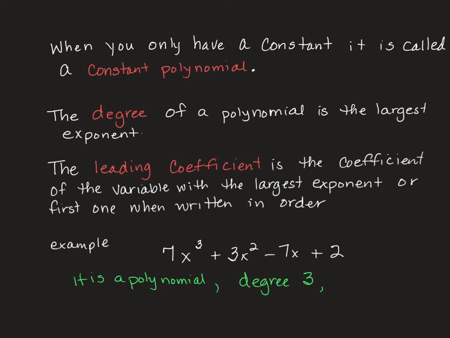And then my leading coefficient goes with that one. Since they're in order, we go to the first one. My leading coefficient would be 7. Those are the terms that we used above, so please make sure that you copy these down so you know where to find them.